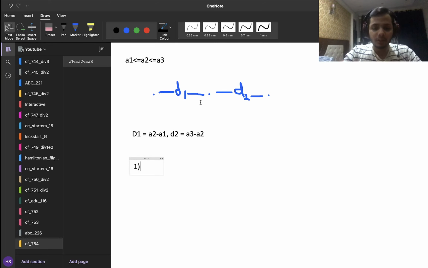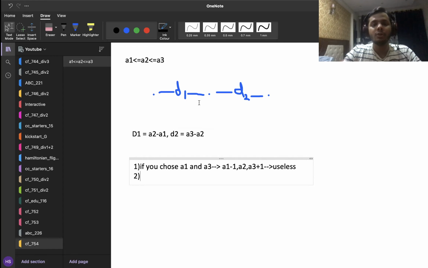Because if you choose a1 and a3 and, let's say, decrement a1 and increment a3, you will get a1 minus 1, a2 and a3 plus 1, but the value of a1 plus a3 minus twice of a2 is just the same, because a1 is decremented by 1 and a3 is incremented by 1. So choosing a1 and a3 is useless, and obviously you are going to choose a2.